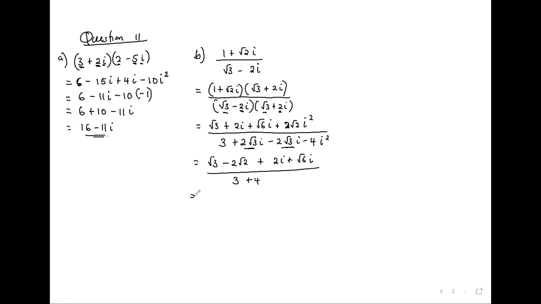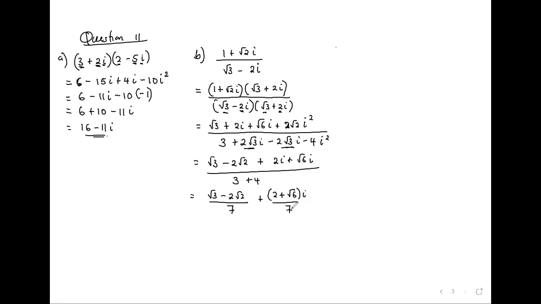So now put the real parts together over the denominator plus the imaginary part together over the denominator. So the real part, root 3 minus 2 root 2 over 7, plus 2 plus root 6 i over 7. So you are conjugating and rationalizing at the same time. It's a nice question.